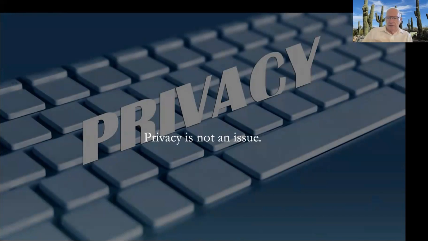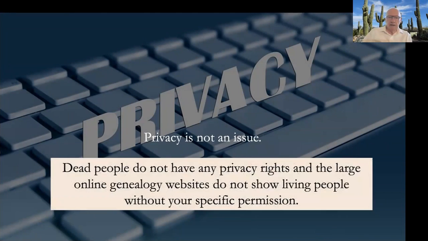And the issue is, I'm going to use kind of a bad analogy here, it's a dead issue. And the reason it's a dead issue is that dead people don't have any privacy rights. Now, you can come back and say, oh, well, what about, and talk about different things.